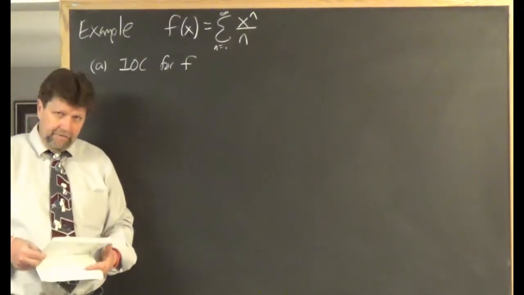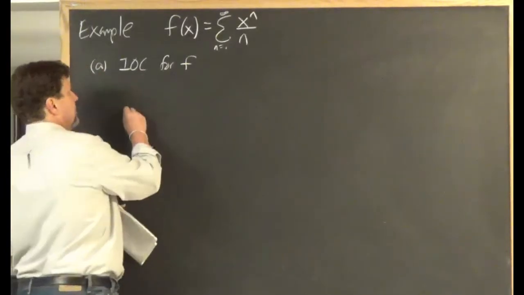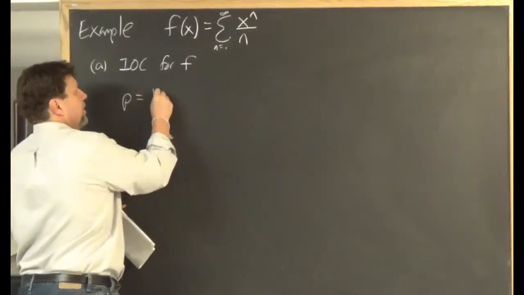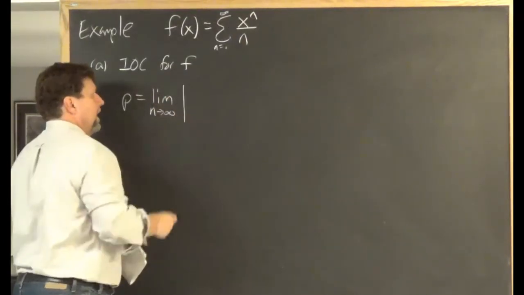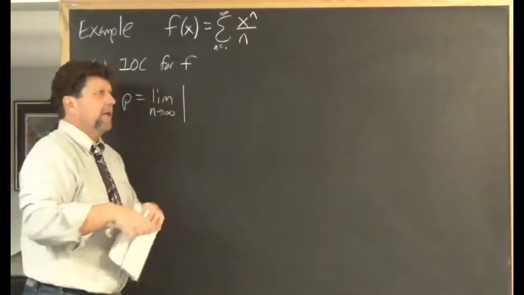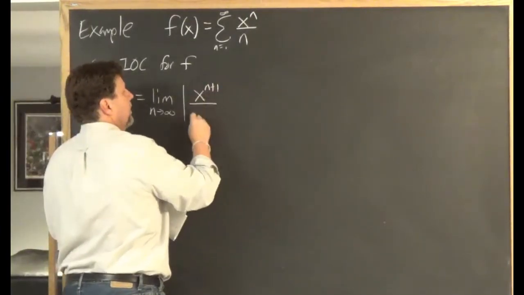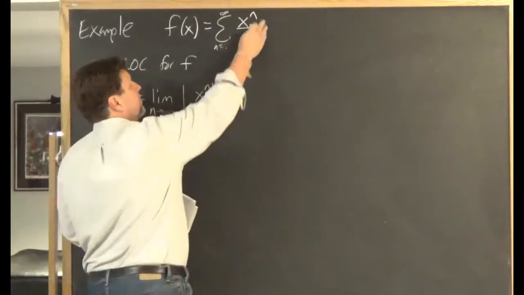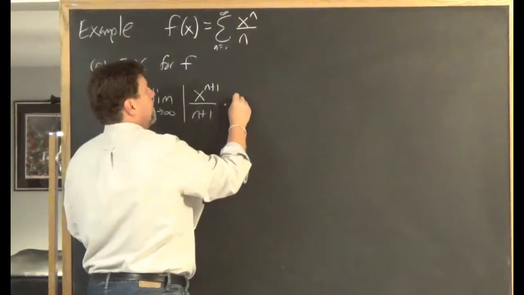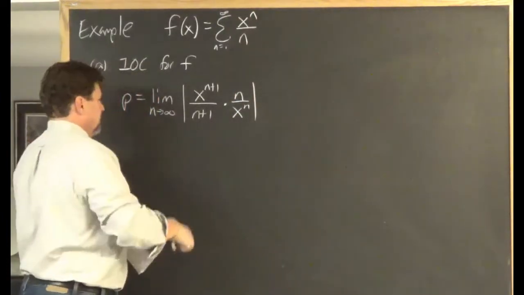Remember, your near dear friend in coming up with the interval of convergence is the ratio test. So the ratio test, rho is the limit as n goes to infinity, absolute value of a sub n plus 1, so that's x to the n plus 1 over n plus 1, divided by a sub n, so divided by that, and I'm going to rewrite that as n over x to the n.